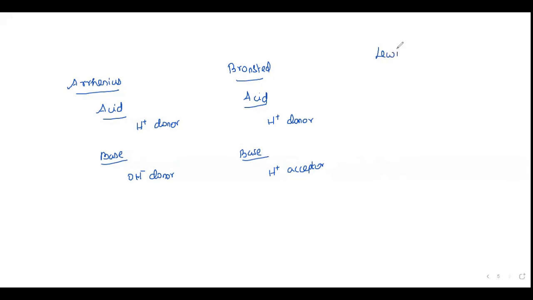At last, Lewis concept: acid is electron pair acceptor, base is electron pair donor. Okay, this is the topic we discussed today.